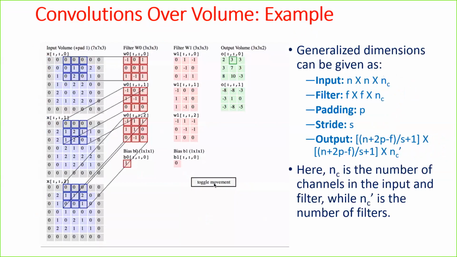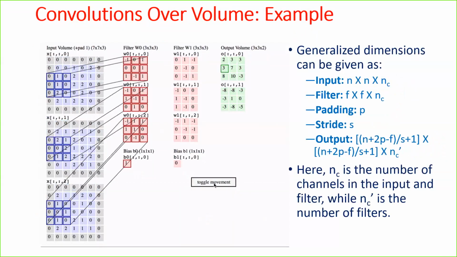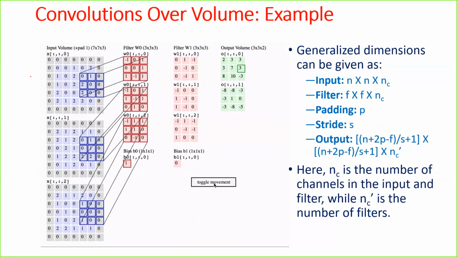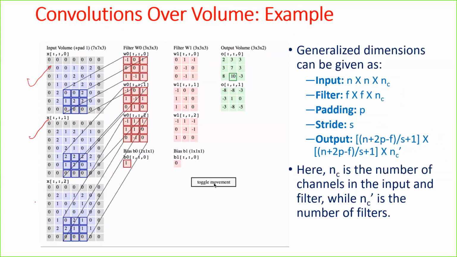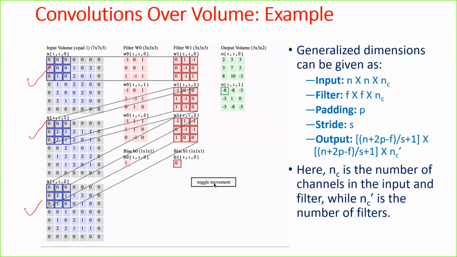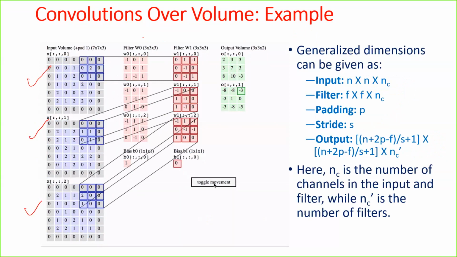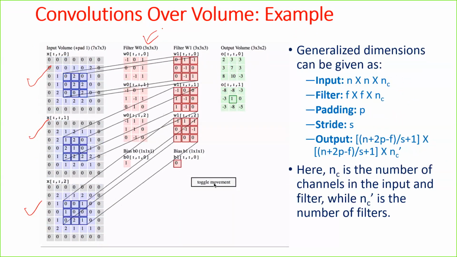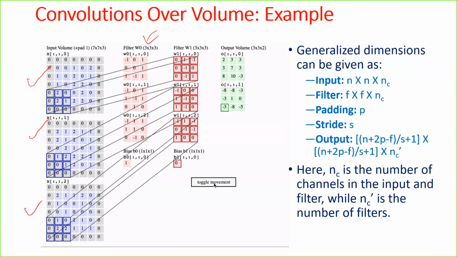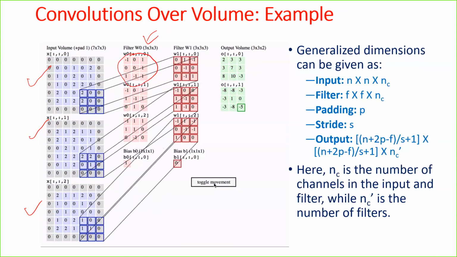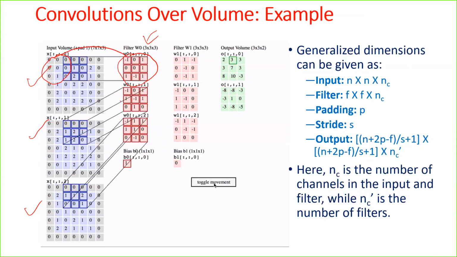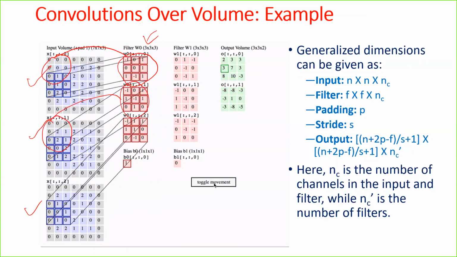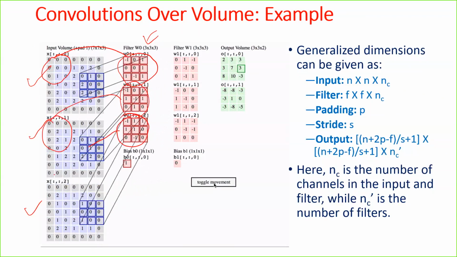So here is an example of 3D data, right? This is one dimension, this is another dimension, this is another dimension, 3 dimensions of the input image. This is one filter that you are applying. When you are applying the filter, you see that this part is mapped to here, this part is mapped to here, and this part of the filter is mapped to here.